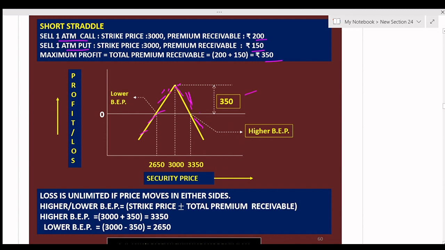One is upper break-even point and another is lower BEP. The higher and lower BEP is strike price plus minus total premium receivable. Here 3000 plus 350, it will be 3350. Here 3000 minus 350, it will be 2650.